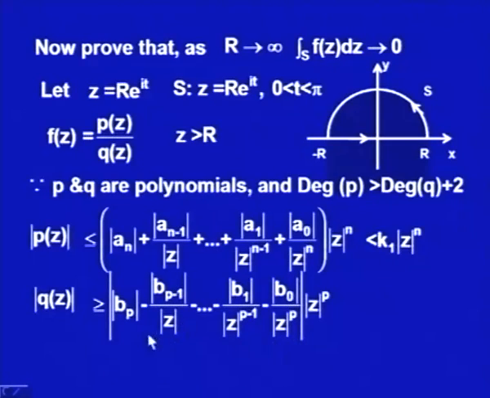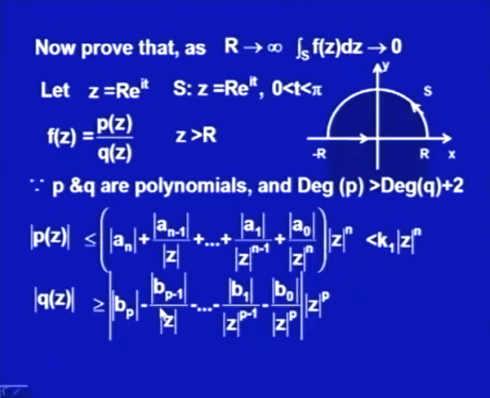Here again, when |z| is greater than r, 1 upon |z| would be less than 1 upon r. That says minus 1 upon |z| would be greater than minus 1 upon r. So, each of these terms is bounded by some constants: this is bounded by minus |b_{p-1}| upon r, this is bounded by minus |b_1| upon r^{p-1}, and so on, and this term is some constant.